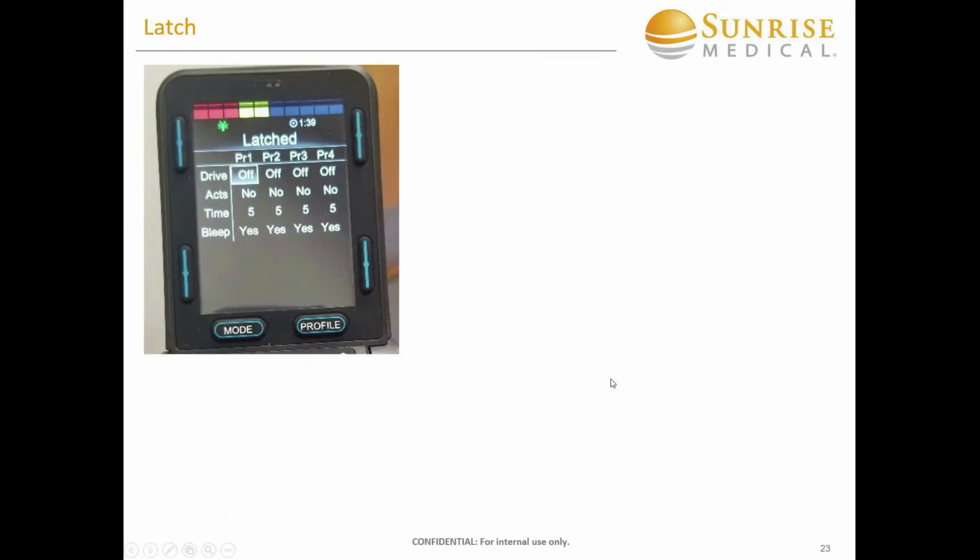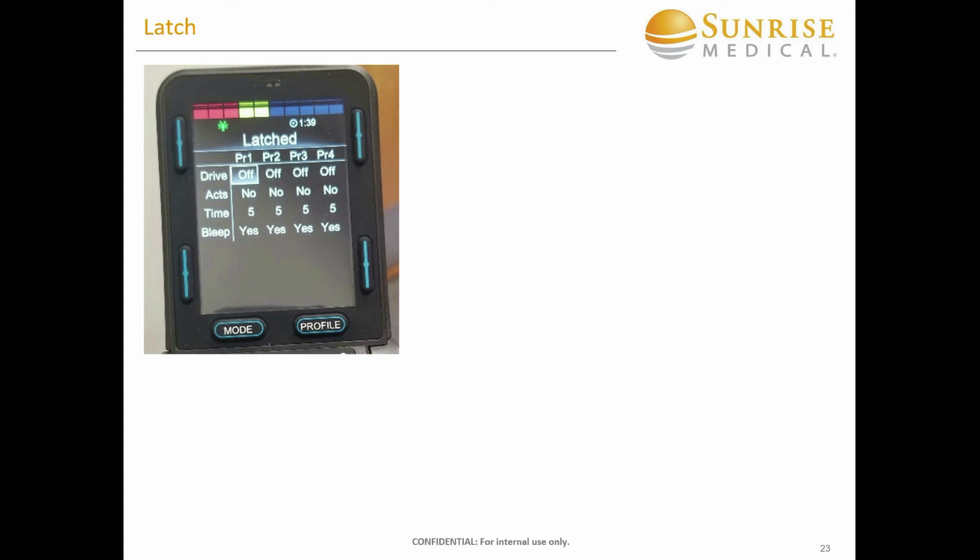Now, once you've got all of the speeds set, you've got the orientation of the joystick, you've got all the other functions set, then you need to find out whether or not somebody wants to use latch. Now, latch, if you will, is kind of like cruise control in your car. You want to be able to set the speed while driving and have it continue to drive at that speed even if your hand is off of the joystick.